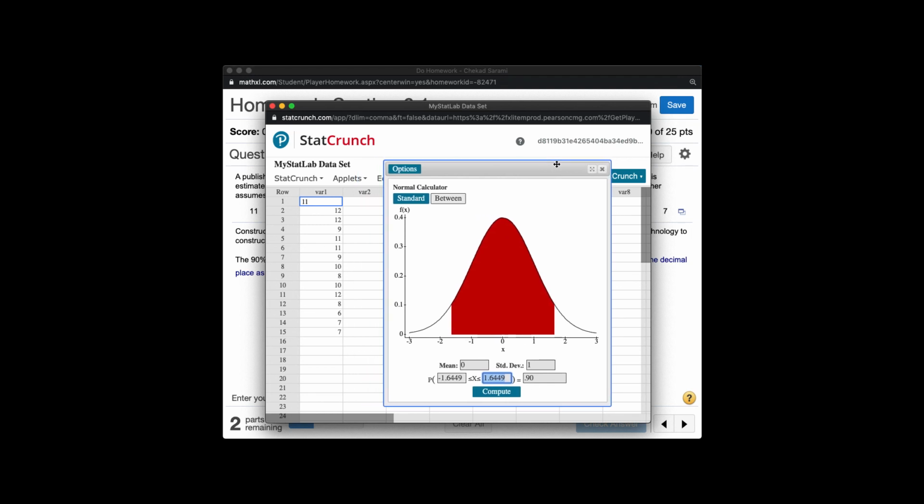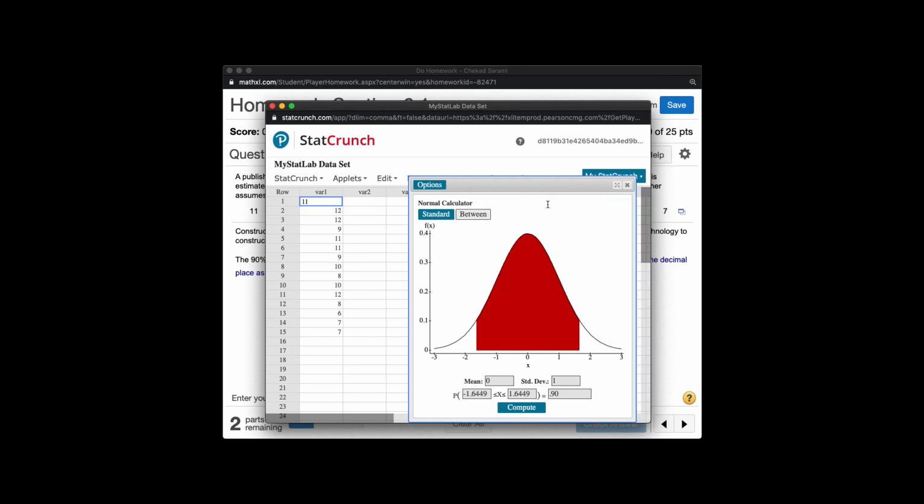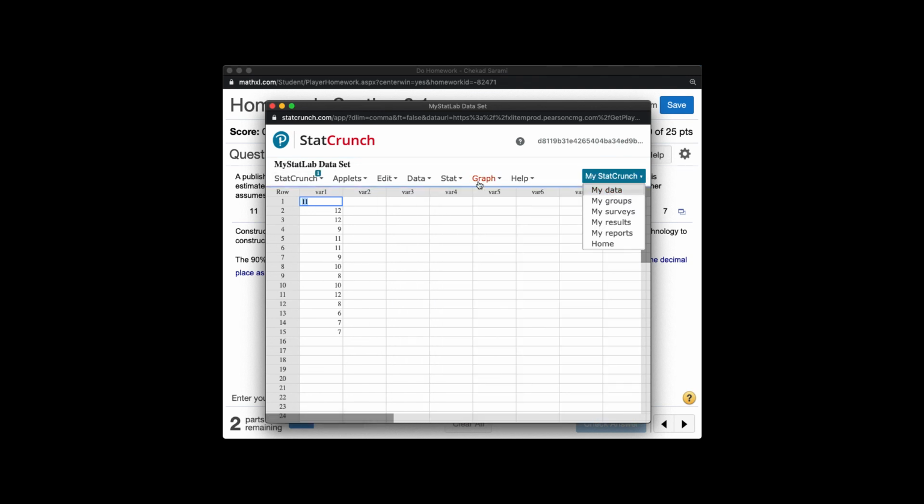So let's do this here. We can also calculate the mean. Let me close this one up because we have the value. Calculate the mean.